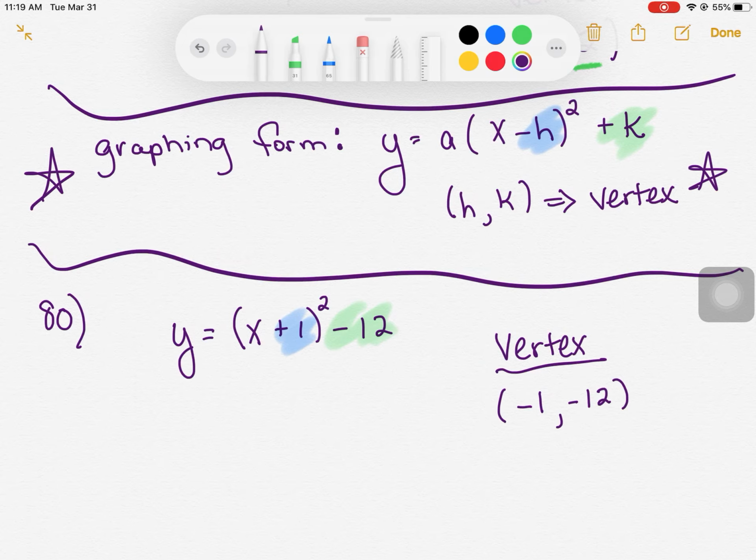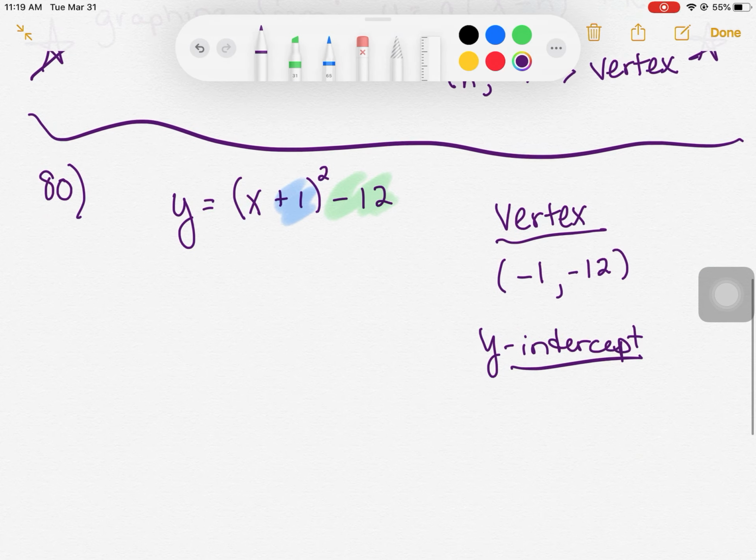My next question is that I want to find the y-intercept. I want to find the x-intercepts. Now the y-intercept is still fairly easy. It's not as easy as it was in standard form, where you could just look at c, whatever the value of c is, that's your y-intercept.